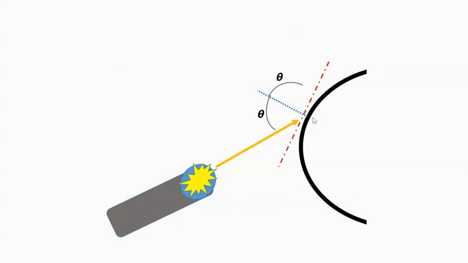Put that angle on the other side, and that is where the light is going to be reflected off. We'll do it from this side now. The tangent line, the perpendicular line to the tangent line. There's an angle, there's an angle of reflection, and there is where the light would bounce off.